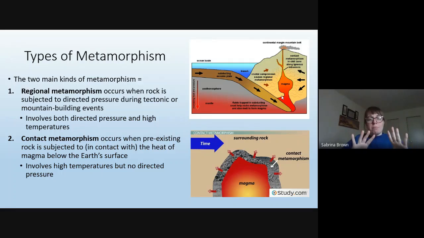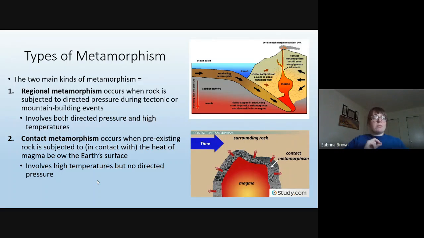And so this magma comes in contact with this pre-existing rock, and there's a rim around the magma chamber that gets baked, or because of this high temperature, gets metamorphosed through this process of contact metamorphism. So since we don't have directed pressure in the contact metamorphism situation, we only have confining pressure. Pressure is not really important for contact metamorphism, but high temperatures are.